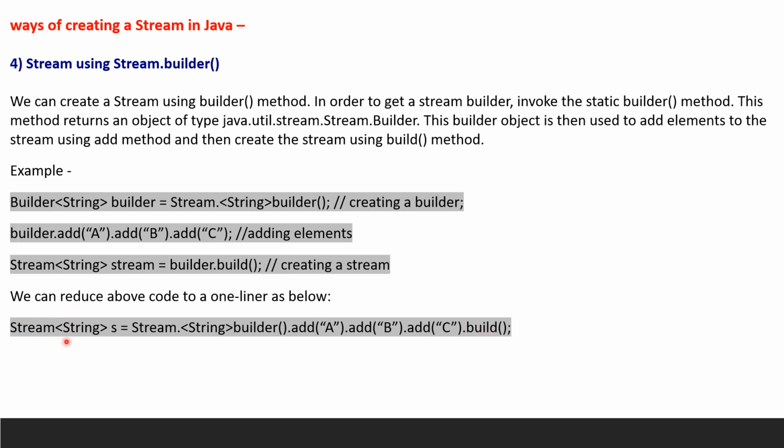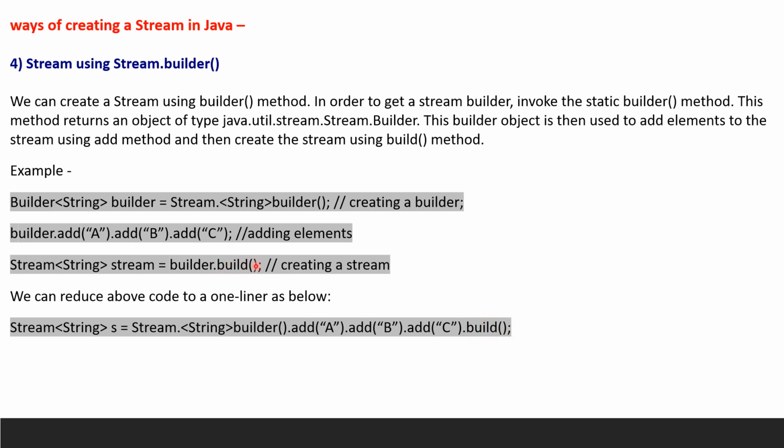Stream of String, a variable name equals the same Stream dot builder, dot add of a, dot add of b, etc. It will go on; whatever elements we have, we can add, and then build using the build method.